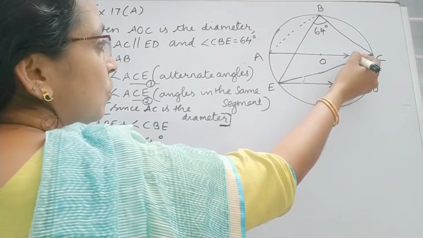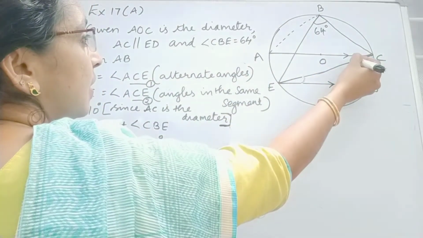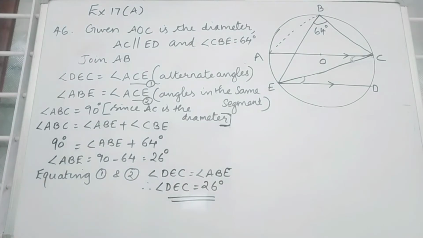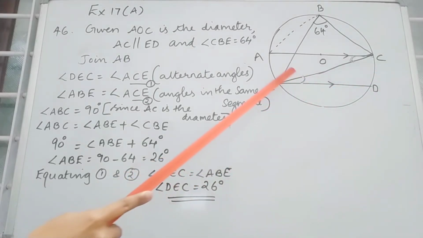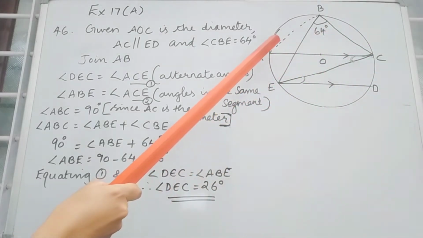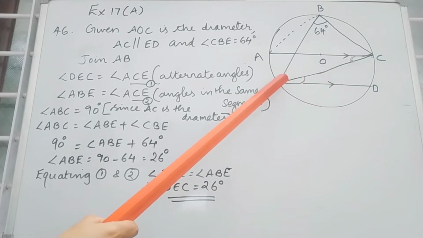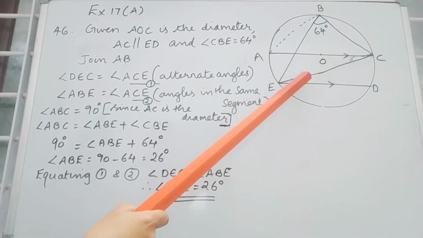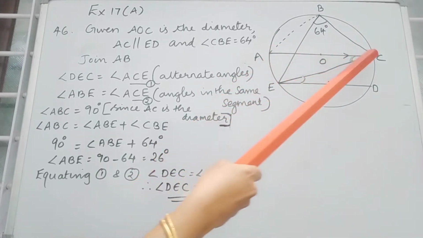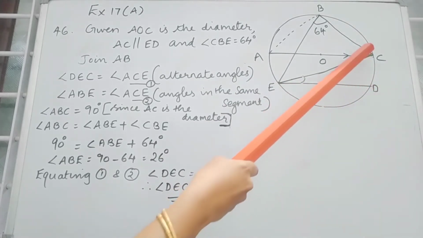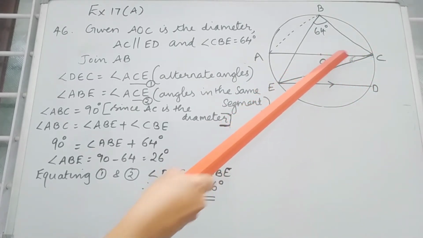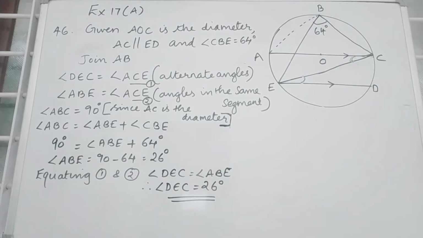So alternate angles will be equal. That is, angle DEC will be equal to ACE. Given AC is parallel to ED and EC is the transversal, so these two angles will be equal.